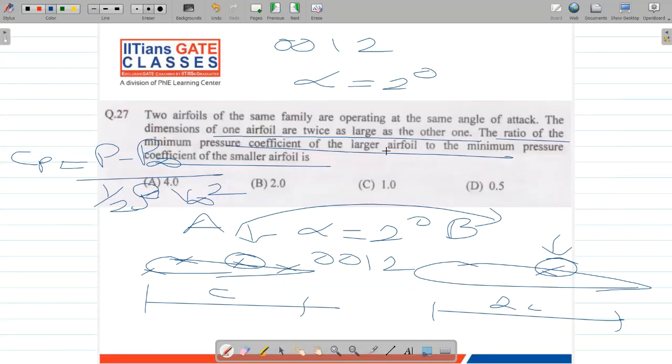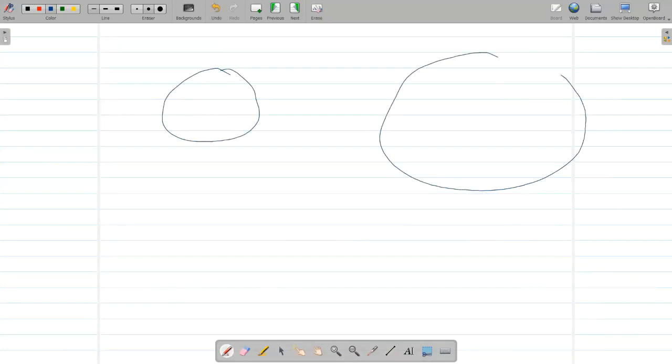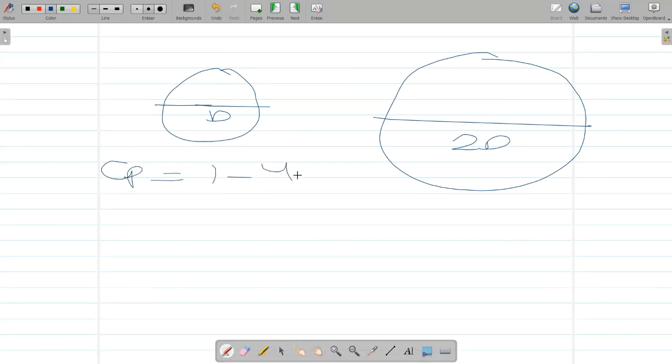To understand this, let's take a simpler problem where you're dealing with a right circular cylinder. One circular cylinder with size D, other with size 2D. We know that Cp for a right circular cylinder from potential flow theory is given by 1 minus 4 sine square theta.